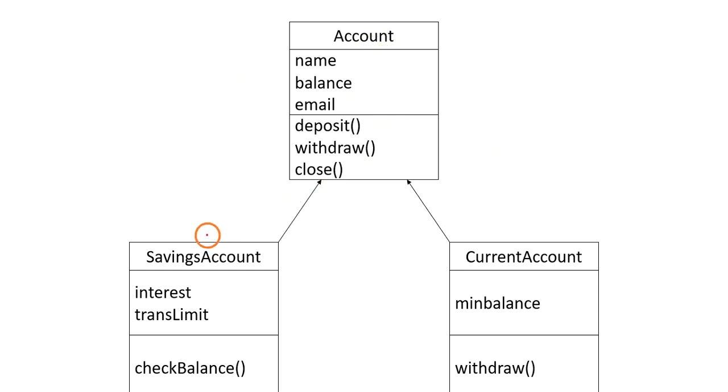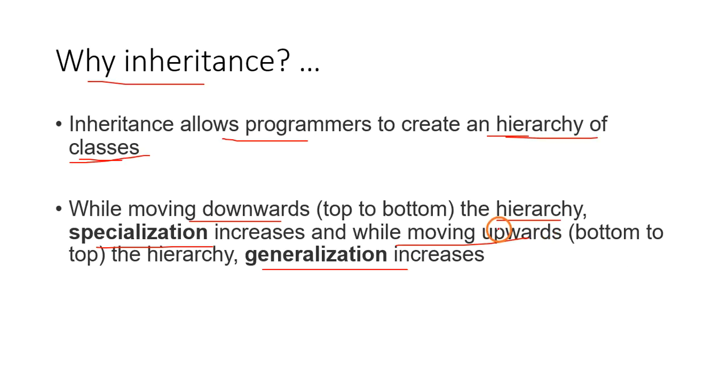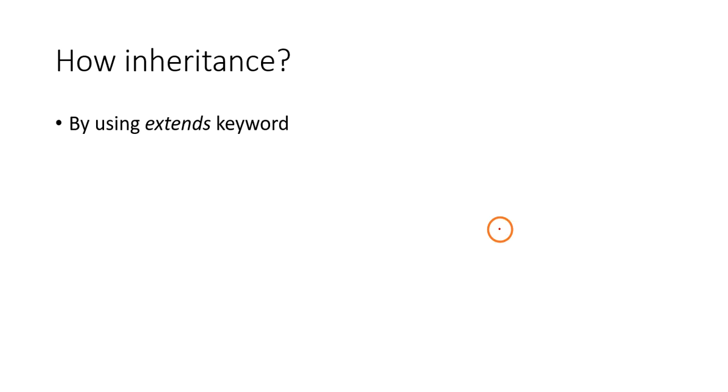But if you go in the reverse direction from child to root, generalization increases. Account is a general kind of class when compared to savings and current. It represents all kinds of accounts, both savings account as well as current account. That is the reason why we use inheritance to create hierarchies.